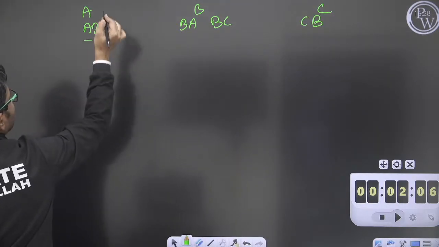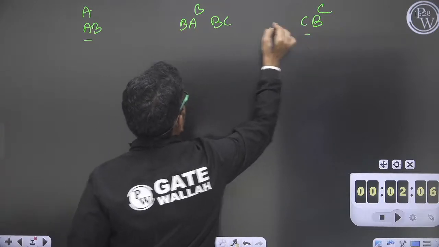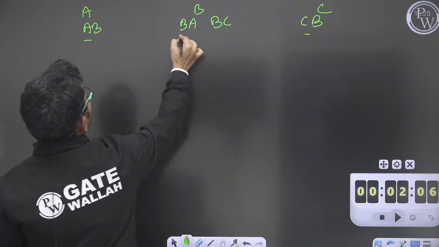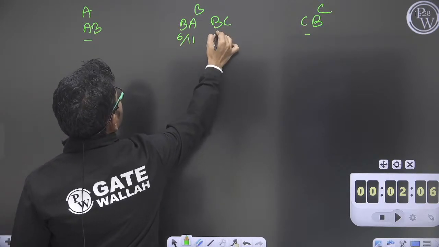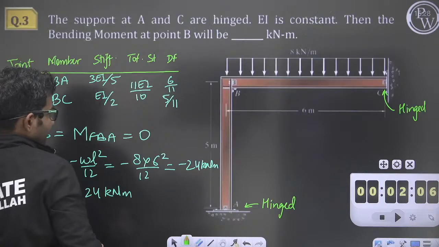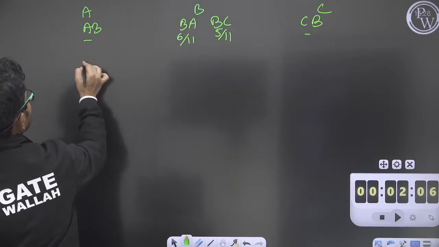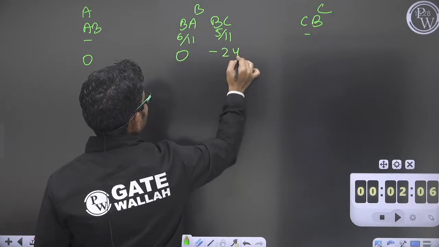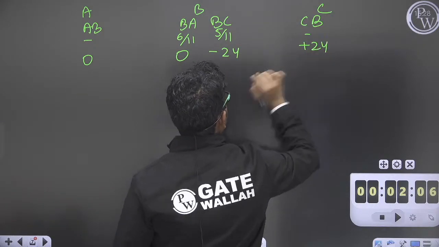Distribution factors: no distribution factor for AB, BA is having 6 by 11, and BC is having 5 by 11, and no distribution factor for CB. Now let us write down the fixed end moments. Here they are 0, 0. Here the fixed end moment is minus 24. Here the fixed end moment is plus 24.